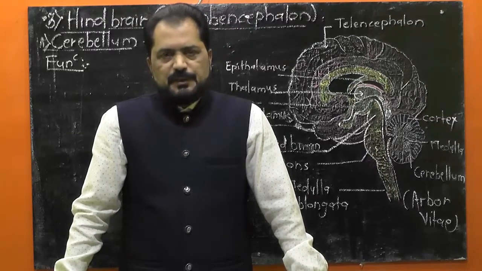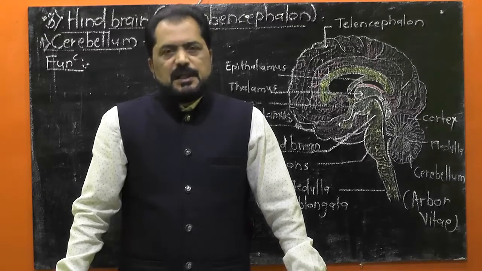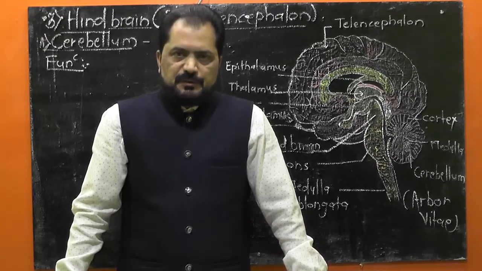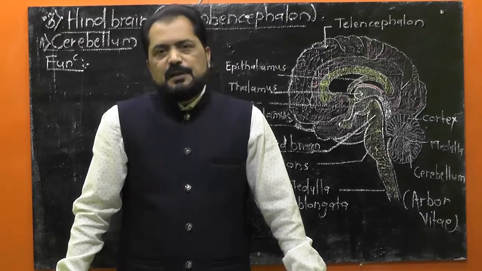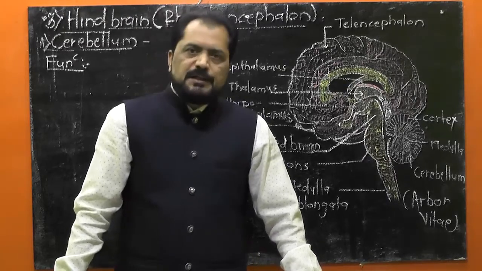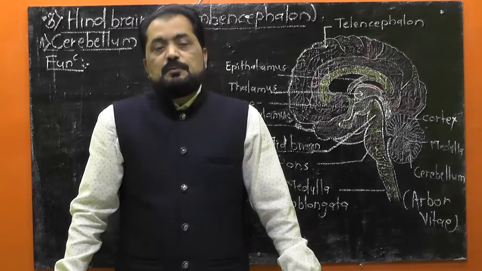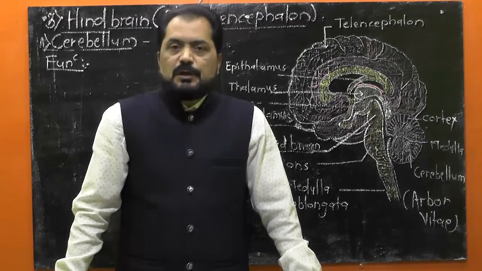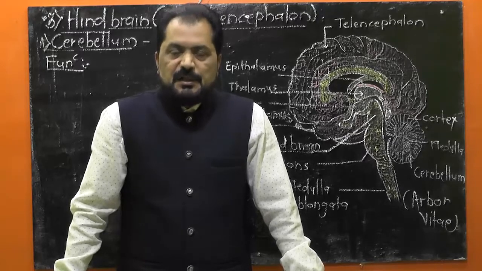I am going to repeat. I said that cerebellum acts as a very important center for equilibrium, balancing, orientation, posture, to maintain the muscle tone as well as moderation of different voluntary muscle activities, etc.